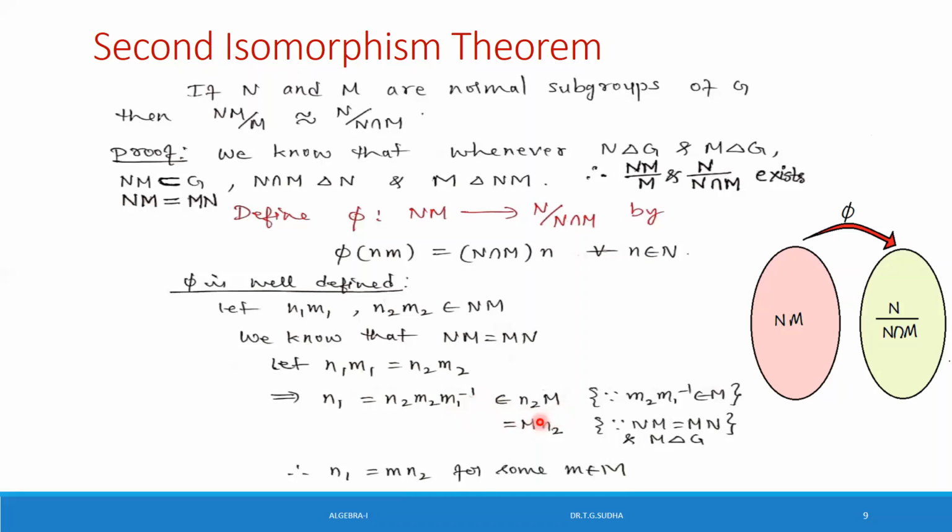But n2M can be written as Mn2, because NM is equal to MN and M is normal in G. Now this n1 will belong to Mn2, implies that n1 is equal to small m into n2, where this small m belongs to the normal subgroup capital M.